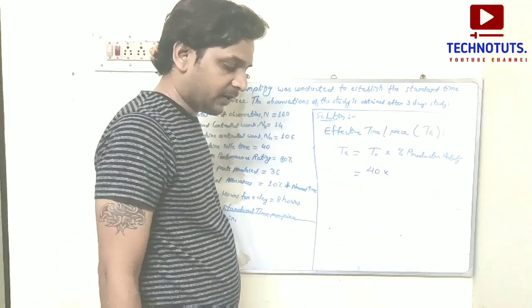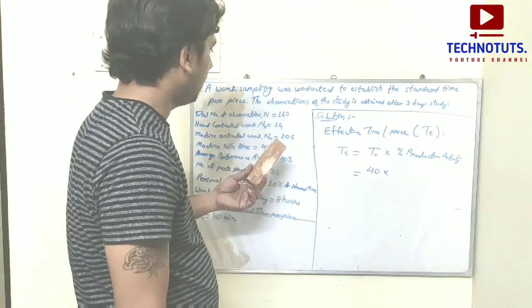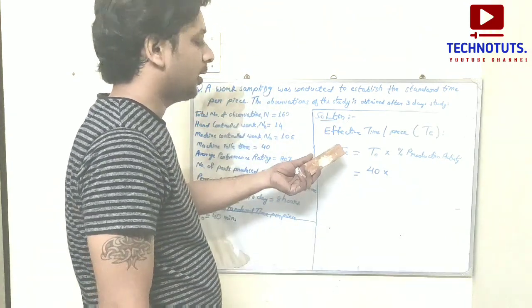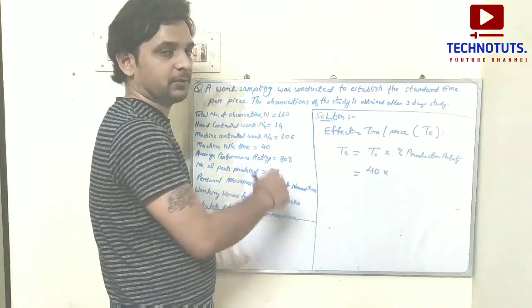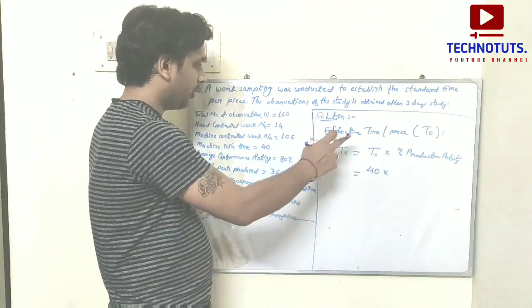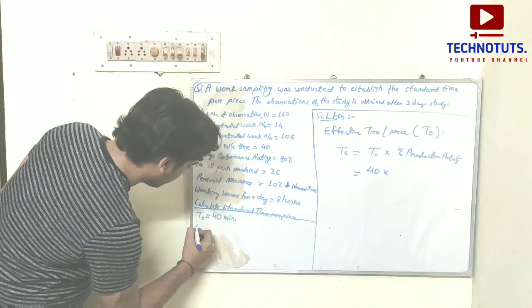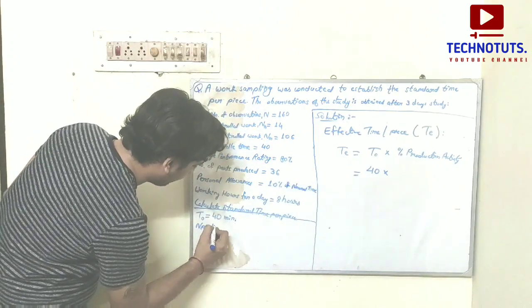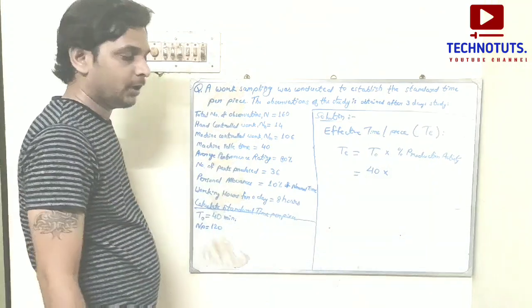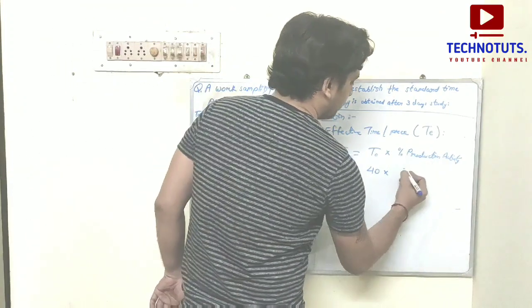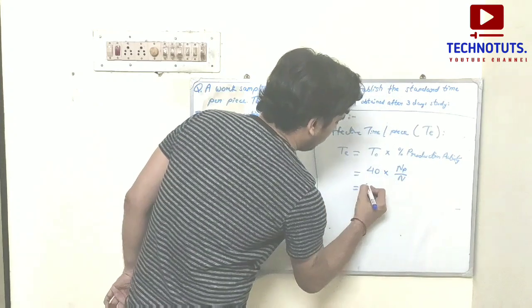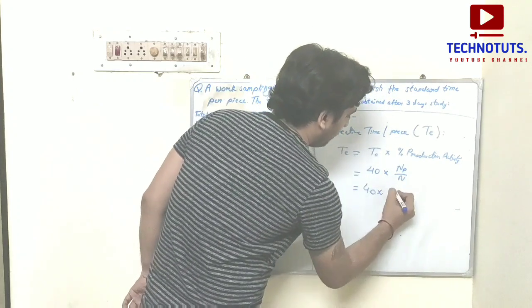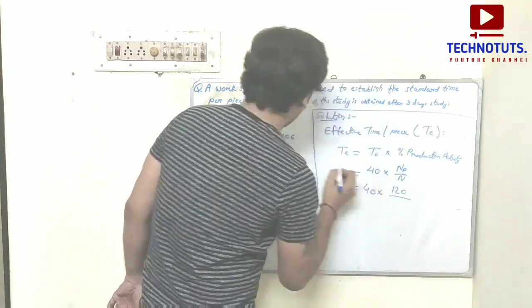So percentage production activity is nothing but the ratio of the number of observations of production activity divided by the total number of observations. Okay, so we have already obtained NP. Let us put the value over here. NP is 120. We have obtained it. So here percentage production activity is NP by N. Put the value over here. So 40 into NP is 120 and N is 160.